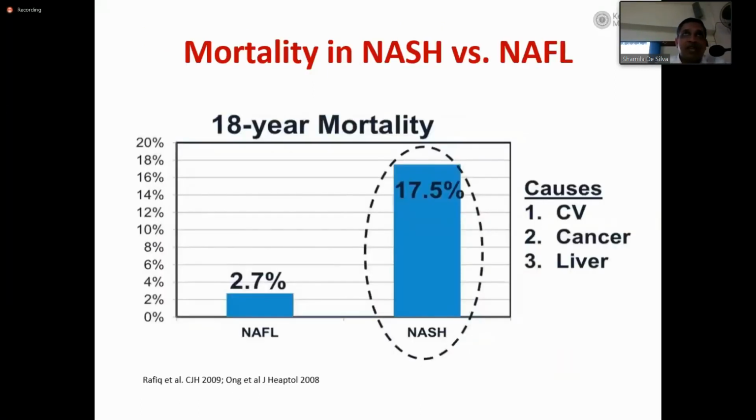And when we compare simple steatosis to NASH, there is about 5 times increased mortality in NASH compared to simple steatosis. That's expected because in simple steatosis, there is no liver injury.